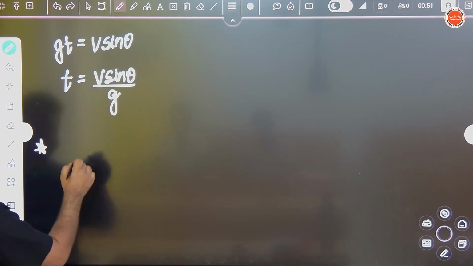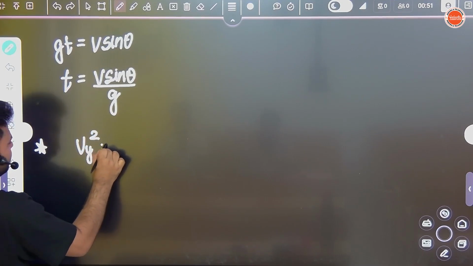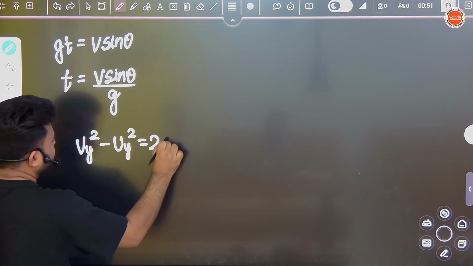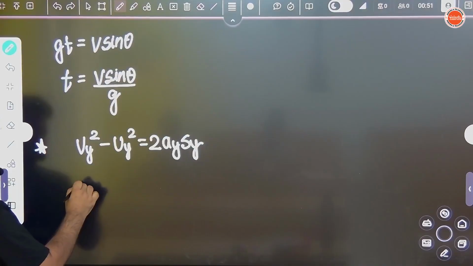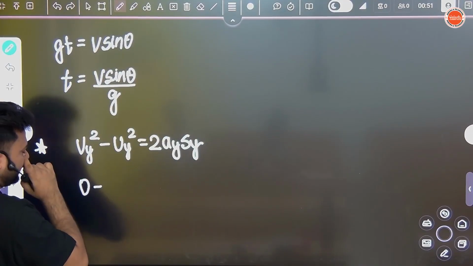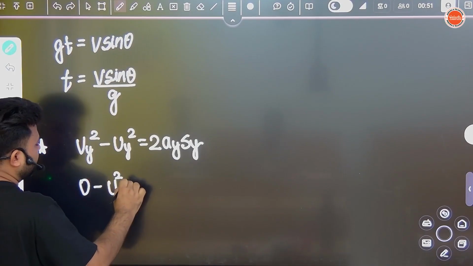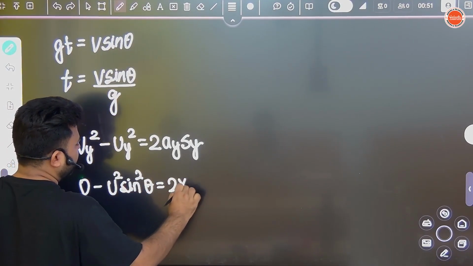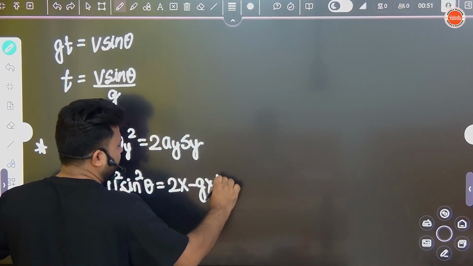So again, if we write, final velocity in y direction, v square minus u square equals 2as. Final velocity in y direction is 0. Initial velocity in y direction is u sin theta. So u square sin square theta equals 2, acceleration in y direction is minus g, displacement in y direction is suppose h max.